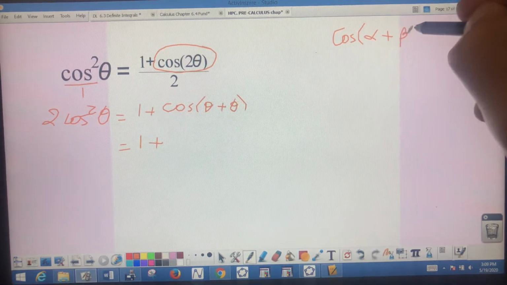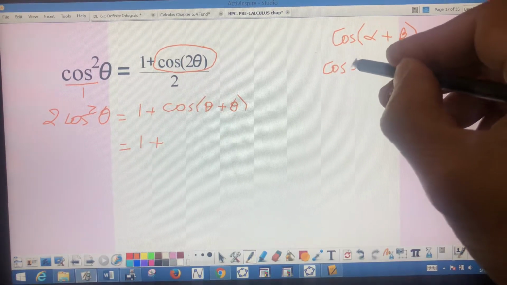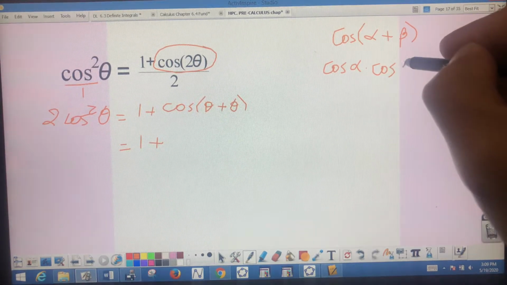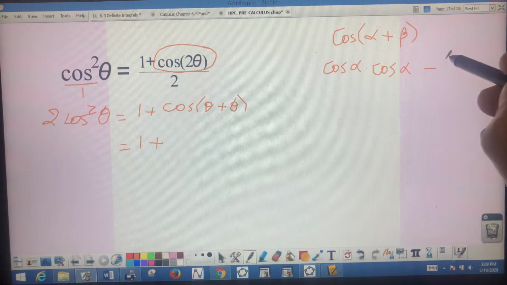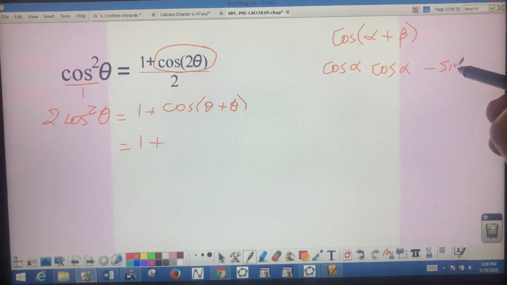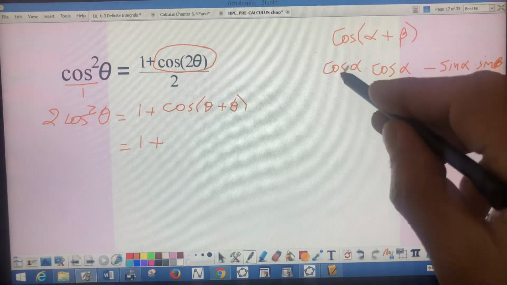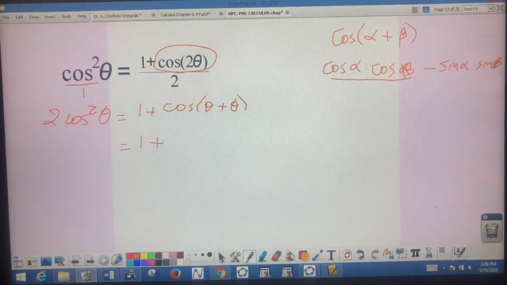That's alpha and beta, A and B. So it'd be cosine alpha, so cosine of the first one times the cosine of the second one, minus sine of the first one, which is the alpha, times the sine of the second one, which is the beta. So now you got there you go. Almost messed it up, right?